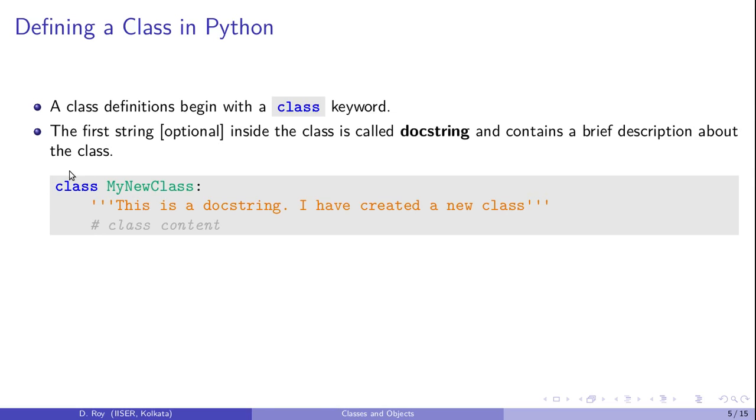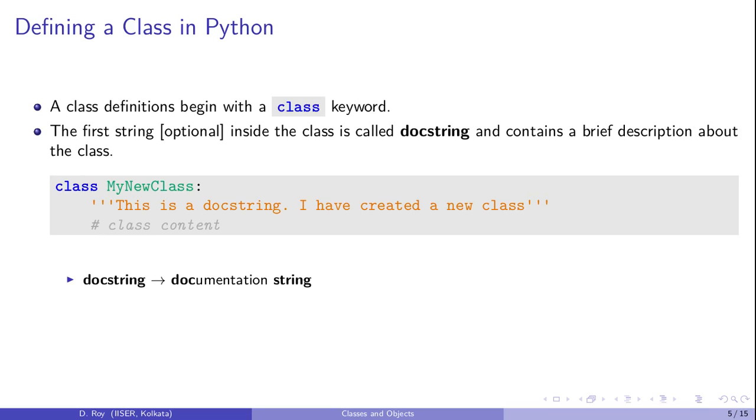This is a sample definition of a class, where as you can see, the name of the class is my new class. It is preceded by the keyword class, and here this is the docstring, and the rest of the class content will follow that docstring part.